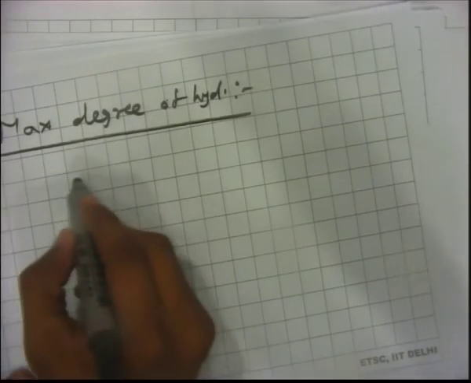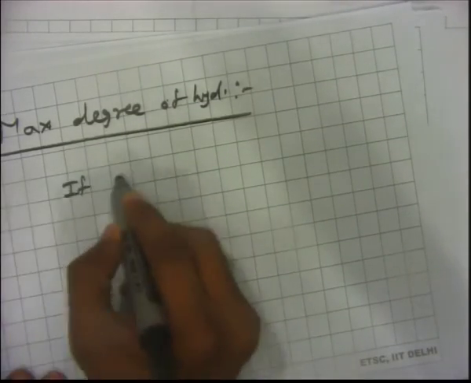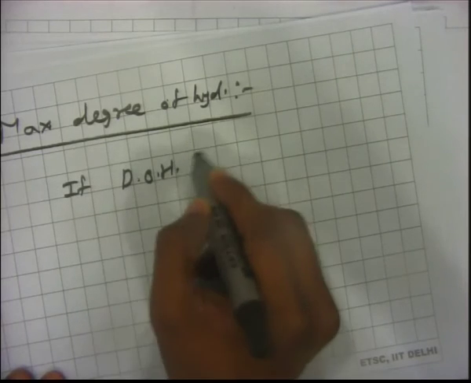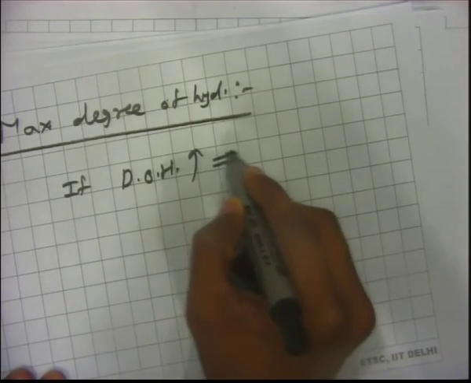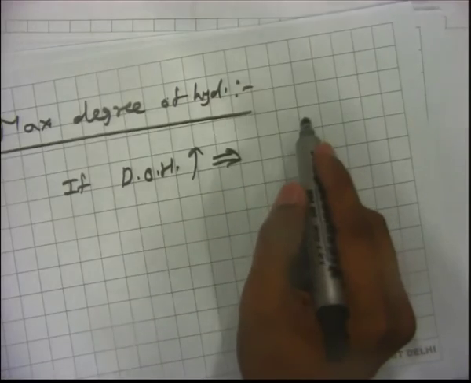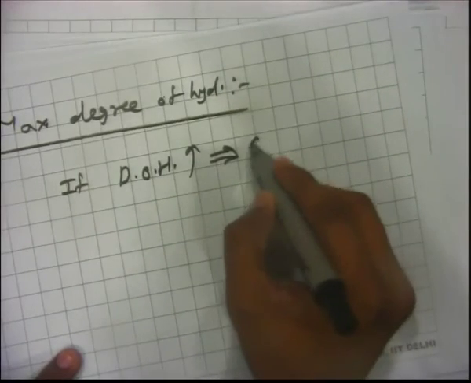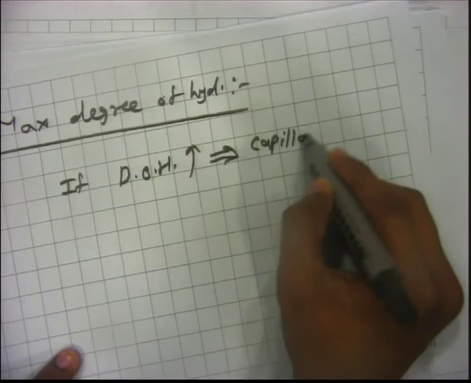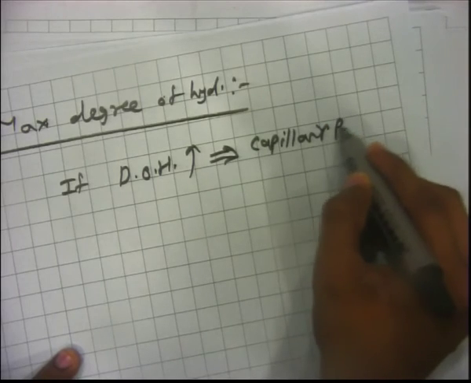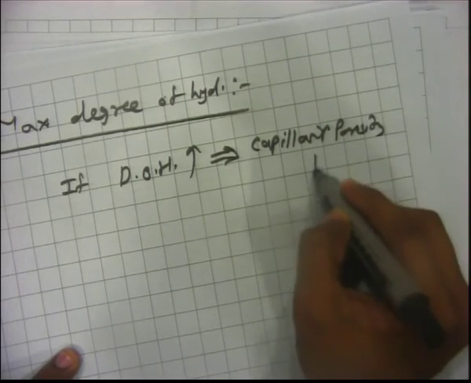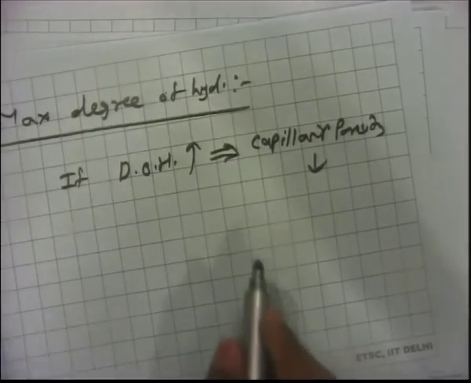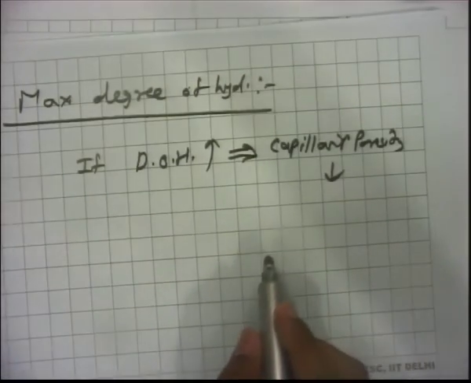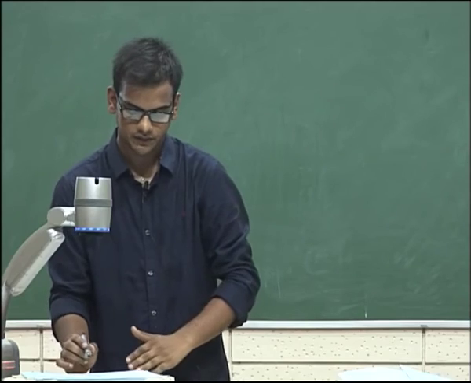So if we increase the degree of hydration, say we are increasing time, and with time hydration will increase, capillary porosity will decrease, because the products will be formed in the capillary pores and the pores will be reduced. So capillary porosity will reduce.